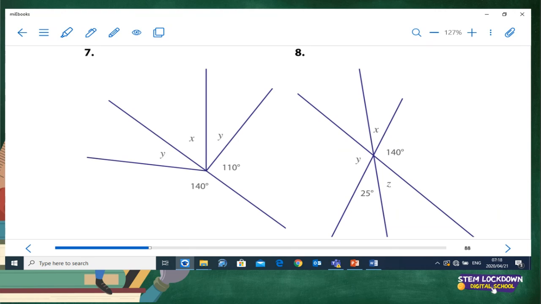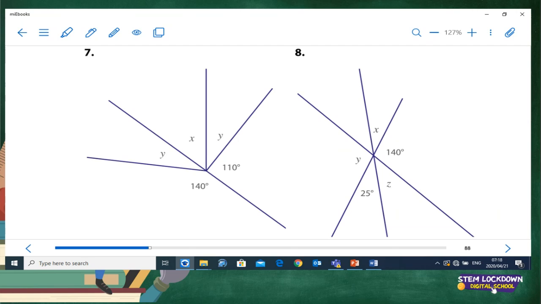Now, if you look at this slide, we have several angles in number 7 there. We have got about 5 angles. 3 unknown, 2 knowns. What are the knowns? The known angles are 2.